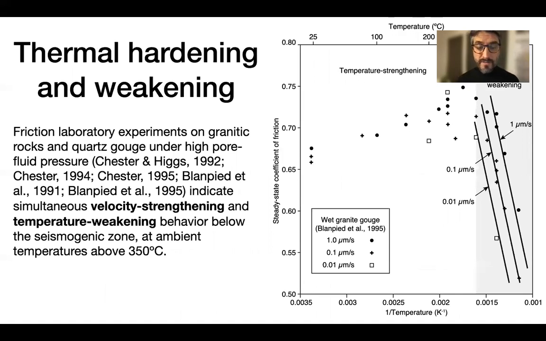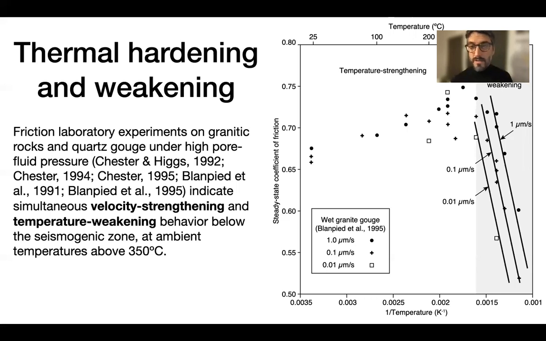The velocity dependence of the frictional response is well understood with potential velocity weakening or velocity strengthening properties. However, the velocity dependence is often associated with a typical temperature dependence. For example, velocity weakening friction is typically associated with temperature strengthening, and velocity strengthening friction is typically associated with temperature weakening.